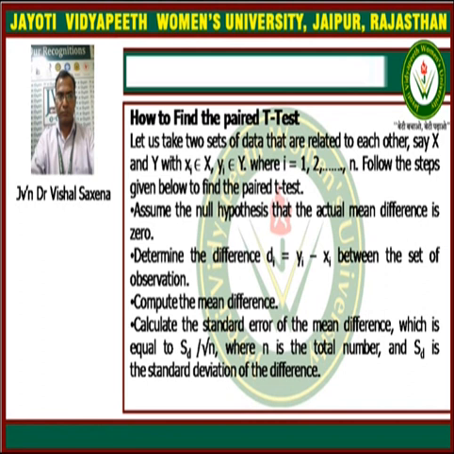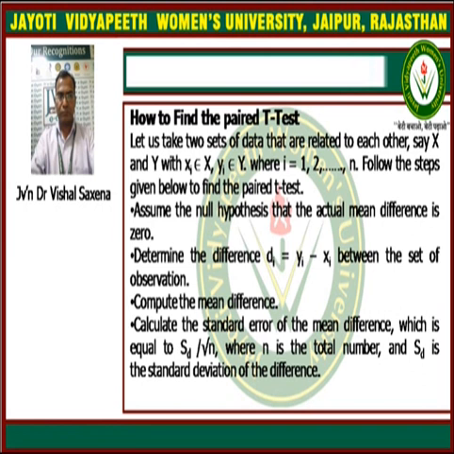Follow the steps given below to find the paired t-test. Assume the null hypothesis that the actual mean difference is 0. Determine the difference di equal to yi minus xi between the set of observations, and compute the mean difference.